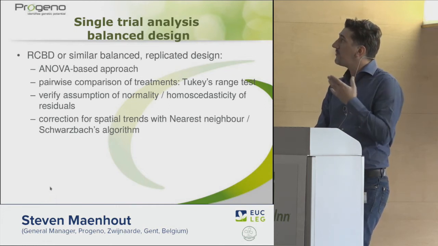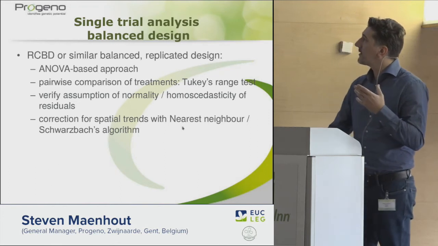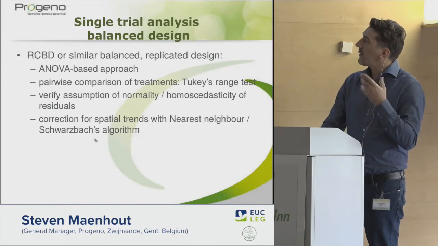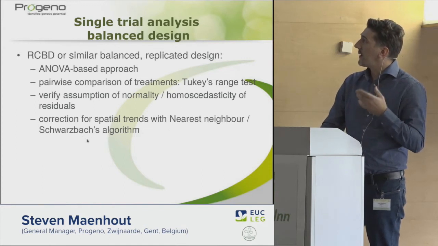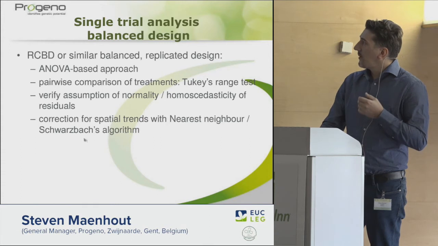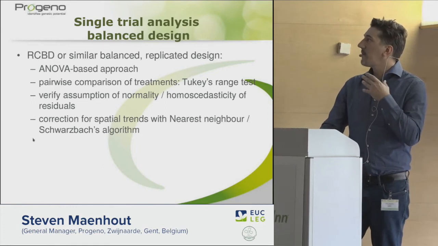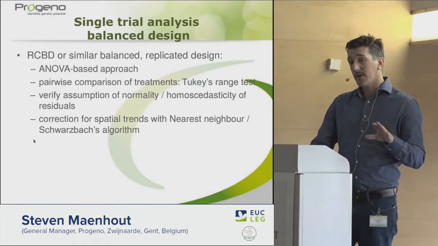Now, there are approaches, and this is a very popular one, the nearest neighbor approach, one of the implementations of which is Schwarzbach's algorithm. This is what I like to refer to as the kind of old school approach. There's nothing wrong with it.